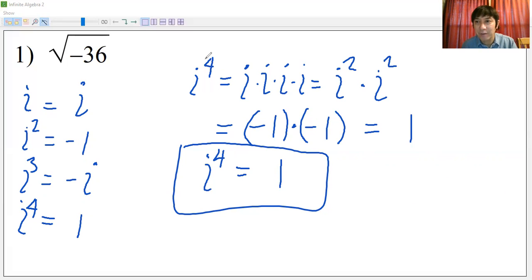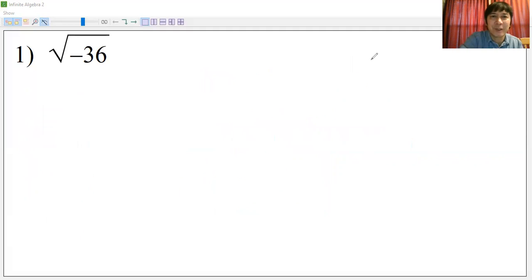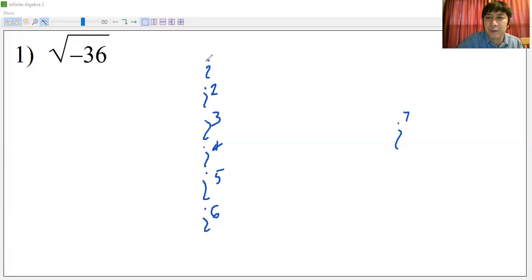Now, i to the 5 will be going back to i. I'll show you. This is going to be this way. You have i, i squared, i cubed, i to the fourth, i to the fifth, i to the sixth, i to the 7, i to the 8, i to the 9. i is, of course, i.